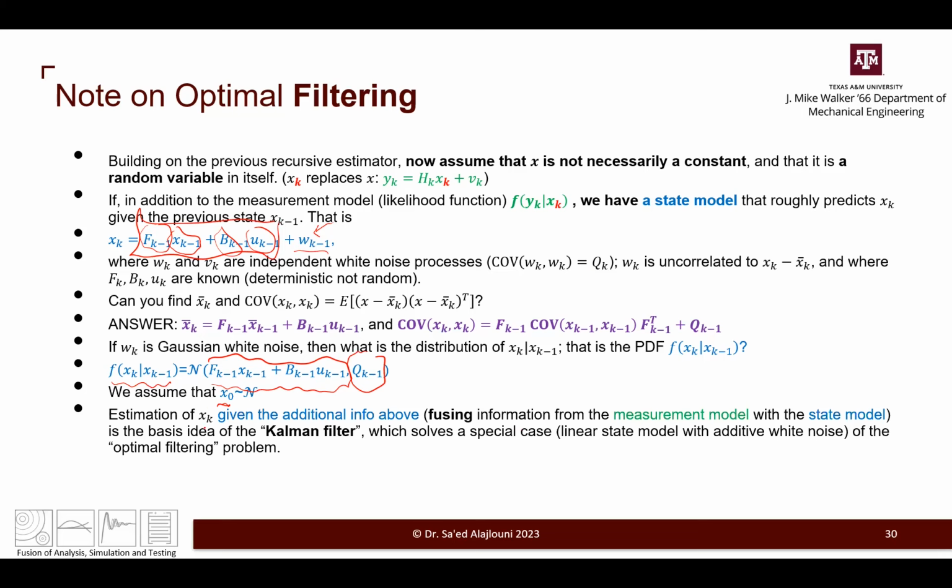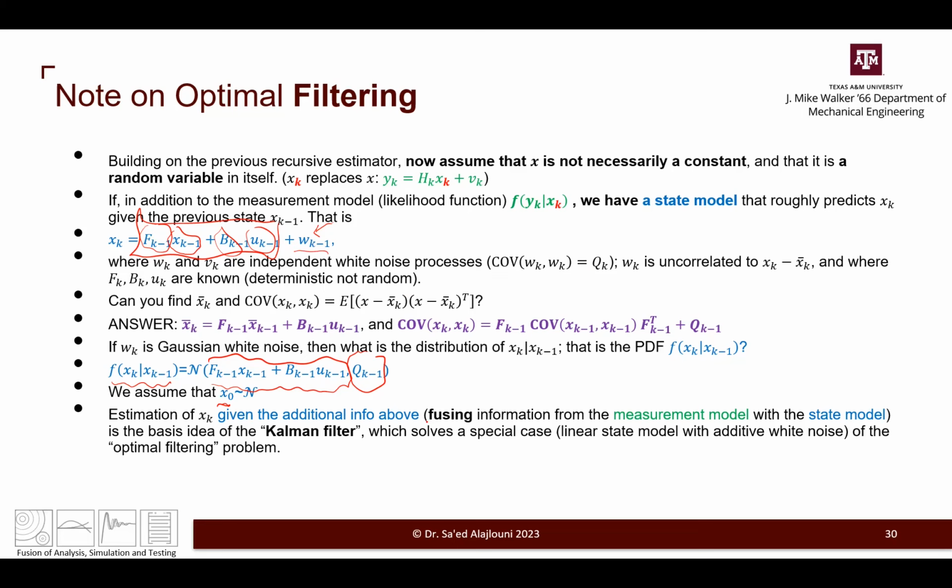Estimation of x sub k, given all the previous assumptions and the fact that we have two models, a state and a measurement model, and that both models are linear. That problem is called the problem that the Kalman filter solves: estimation of x sub k given these assumptions.